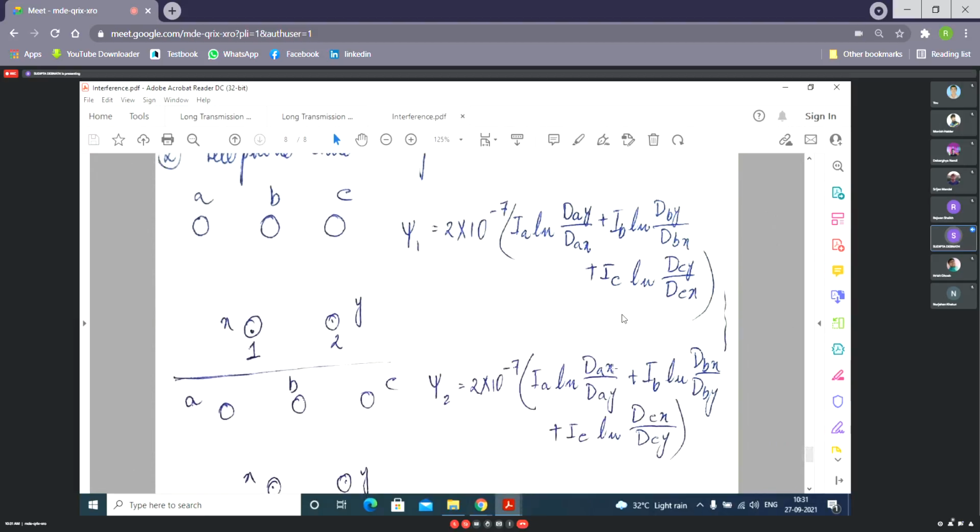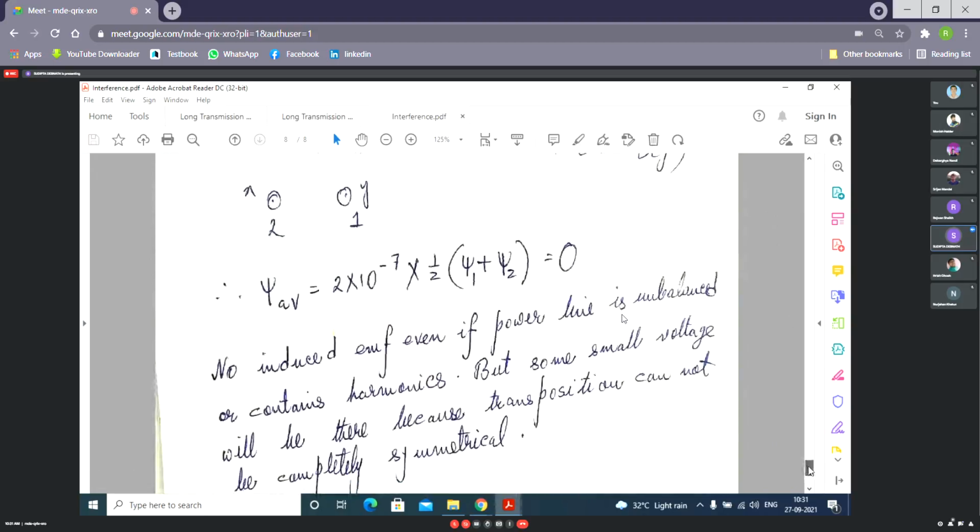Here the denominator is dx, here the denominator is dy, here the numerator is dy, so all will cancel and that will become equal to 0. So there is no induced EMF even if the power line is unbalanced or contains harmonics. But some small voltage would always be there because the transposition cannot be completely symmetric. Clear? Very often this question comes.